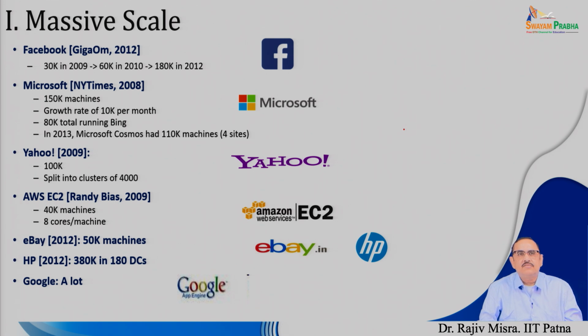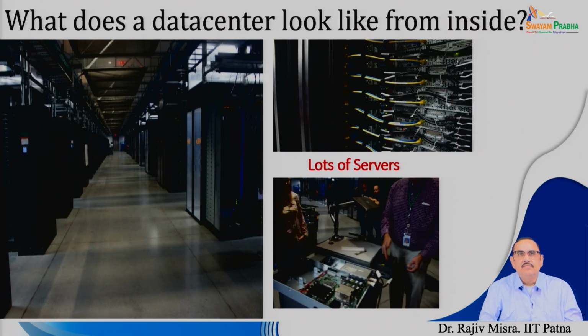These applications running on the internet are often cloud-scale applications, categorized as massive scale. What does that mean? It means hundreds and thousands of servers are kept in a place called a data center, and the inside view of a data center is shown here.